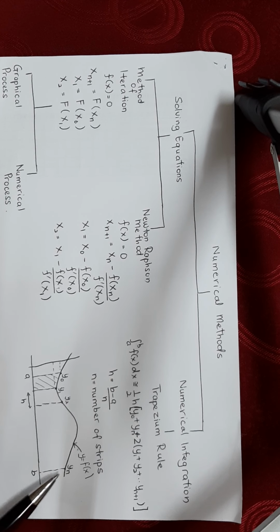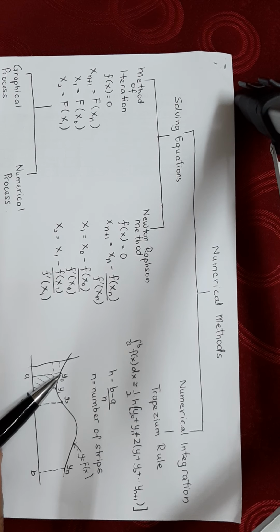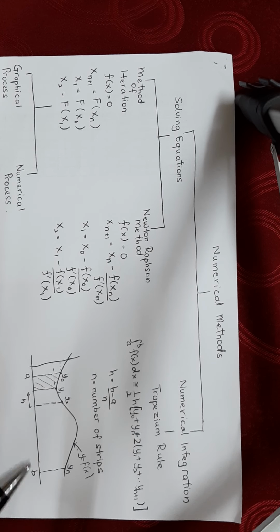So yn is the value of the function when x is b, and y naught is the value of the function when x is a. That's the number of strips. This is h, the constant width, which is b minus a divided by the number of strips you have. So that's the overview of the whole chapter 12.